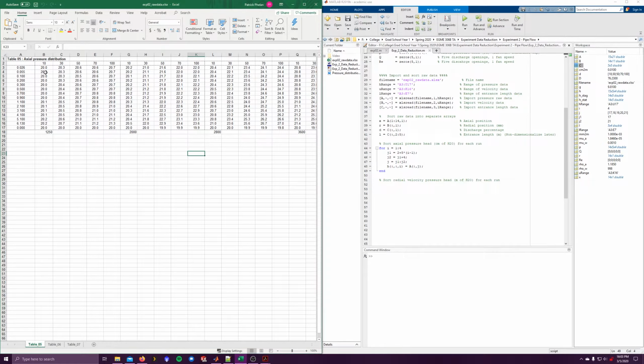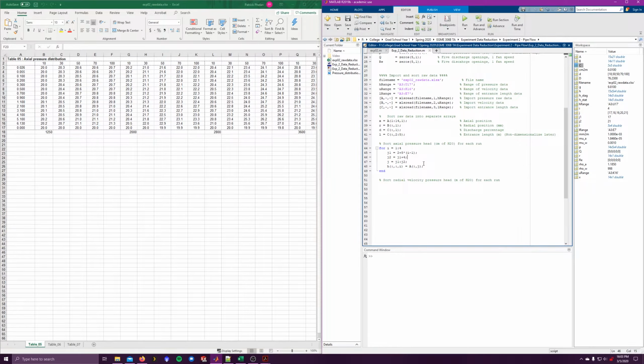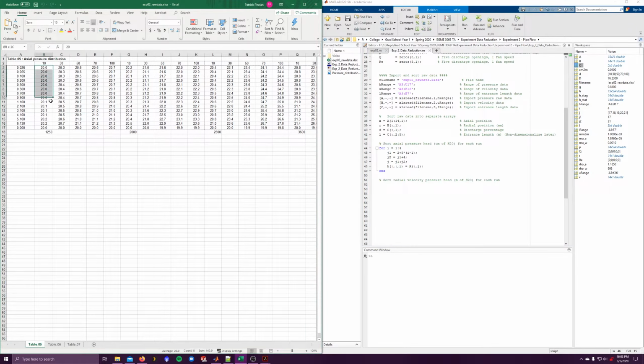Remember, I want to start this data for the first run in column 2, and I want to go out to this column here. So for the first run, i minus 1, that's 1 minus 1, that's 0. 2 plus 5 times 0, that's 2. So I'm basically telling Matlab I want to start in this column 2. Then I have J2, that's J1 plus 4.